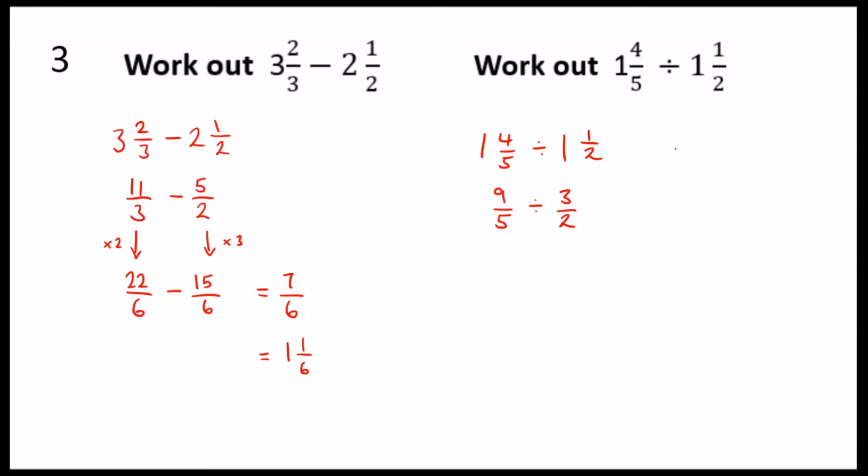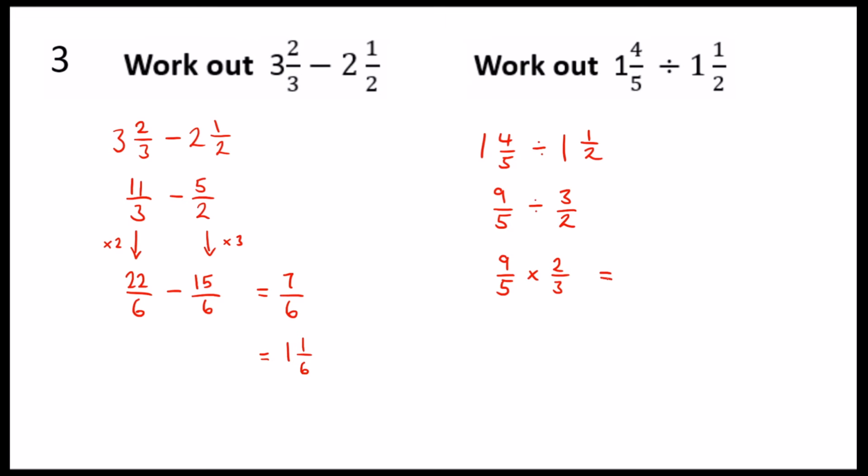Now, because this is a divide question, we're going to apply the KFC method. KFC essentially means keep, flip, change. So if we're dividing two fractions, we keep the first fraction the same as 9/5. We flip the second fraction over, so instead of 3/2 it becomes 2/3, and we change the divide to a times.